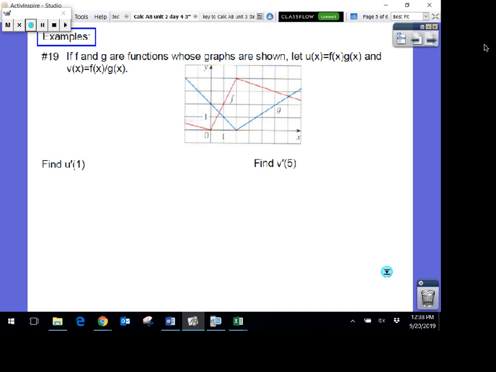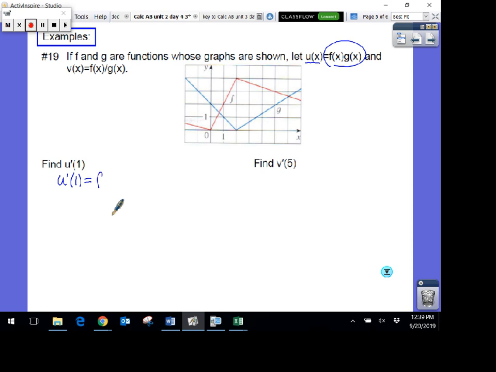All right, so f and g are functions, so it tells us, let u of x be the product, let v of x be the quotient. All right, so u prime of 1. If we want to find u prime of 1, that means we have to find the derivative of that right there.